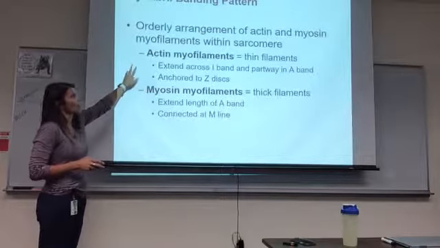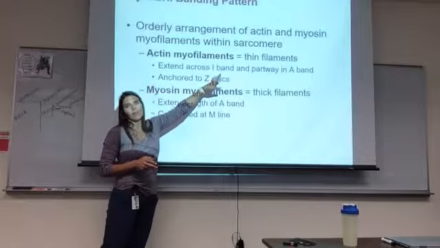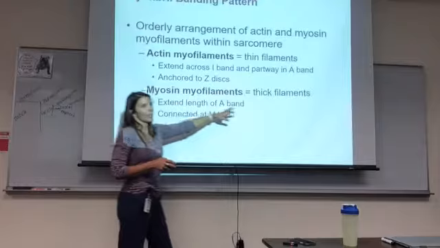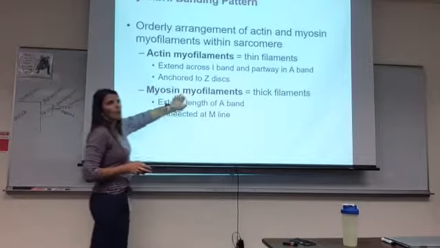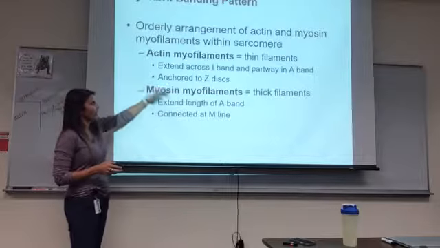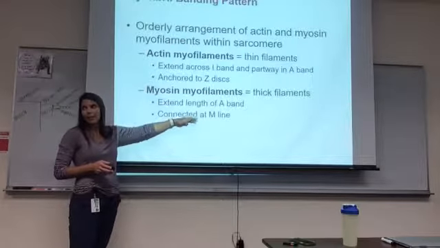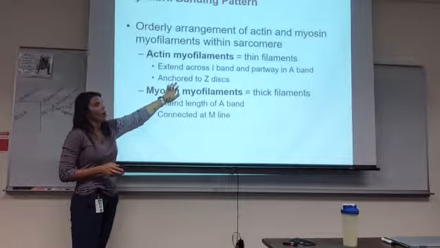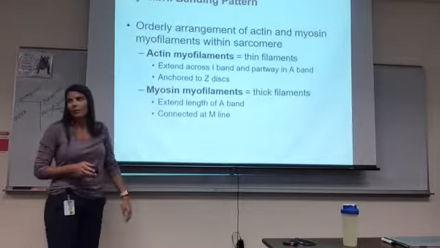Actin, I already told you, actin is the protein that's found in my thin filaments. Myosin is in my thick filaments. So it's just showing you the name of the protein that is associated with that filament. The myosin filaments are connected at the M line, anchored there, as I mentioned. The actin filaments are anchored at the Z lines, or the Z discs.